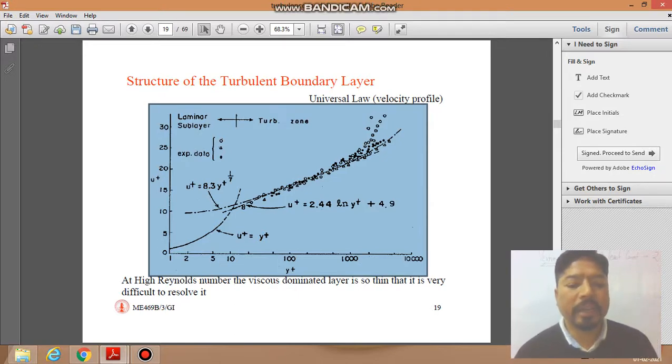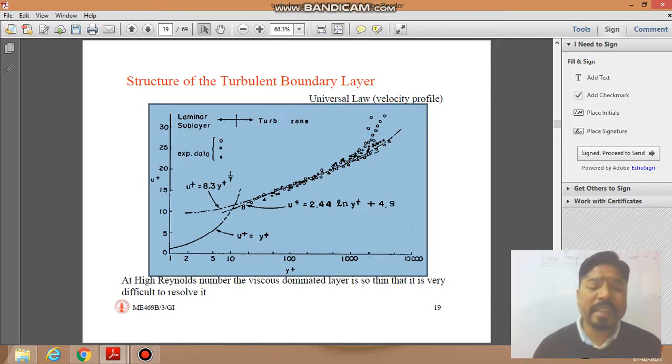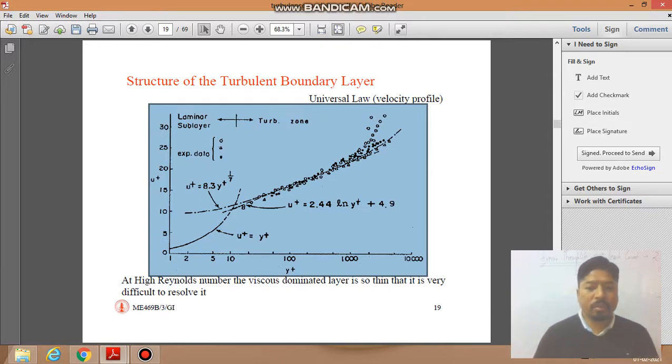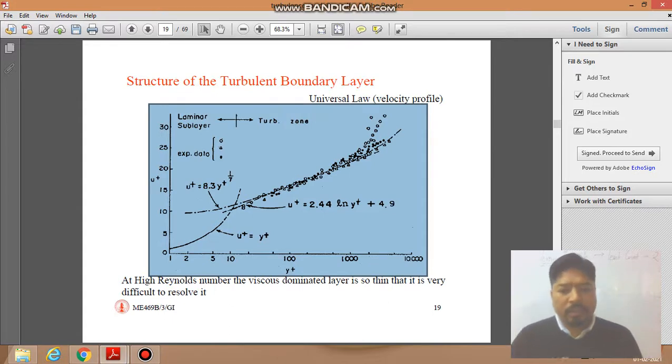You can see in this particular graph that at higher Reynolds number, the viscous dominated layer is so thin that it is very difficult to resolve it. As you know, as the Reynolds number increases, the turbulence in that particular flow will be large.